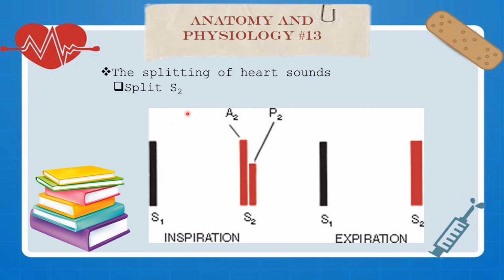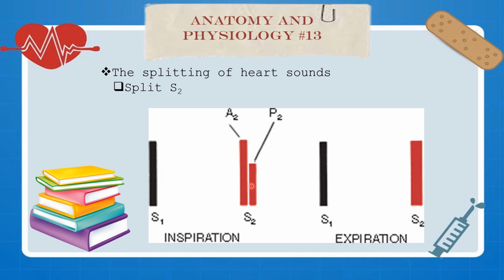So, moving on to the splitting of the heart sounds, we have here split S2. This event occurs on the left side of the heart. However, similar changes are also occurring on the right side of the heart, involving the right atrium, the right ventricle, the tricuspid valve, the pulmonic valve, and the pulmonary artery.